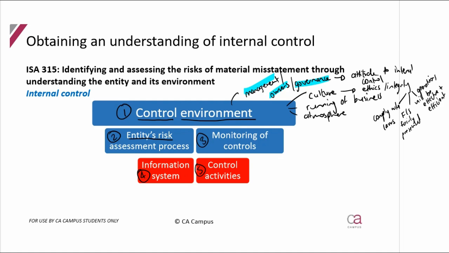So without a strong control environment, guys, there is no internal control within a business. But as soon as there's a strong control environment, then the rest follows. Because if that's management's attitude and how they're running this business and the culture that's there, then the second component of internal control, the entity's risk assessment process, will be happening.